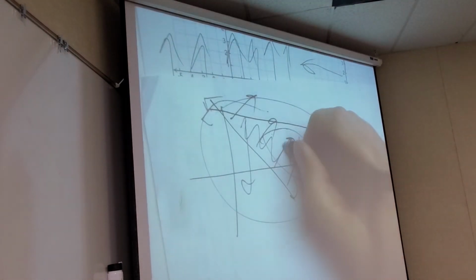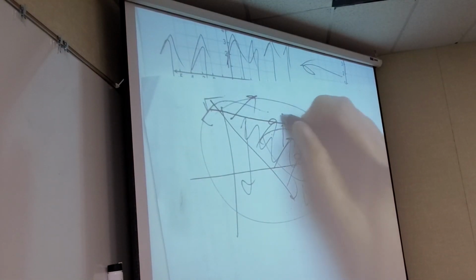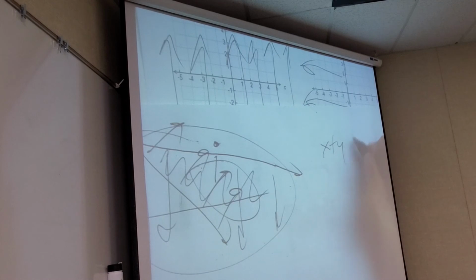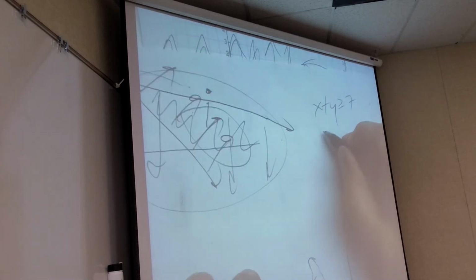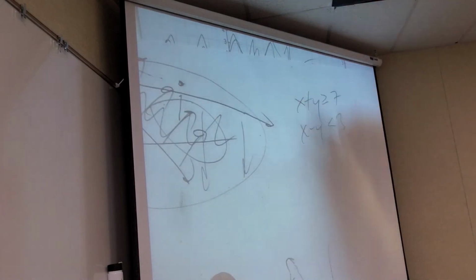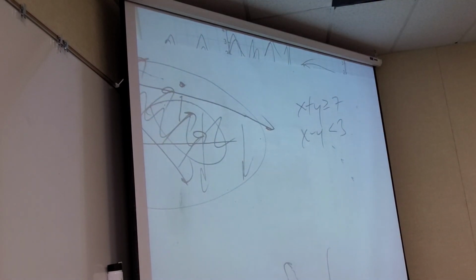Once I'm getting towards one of the boundaries, I'm in the red. It's about to blow up. Go check on it. So that would be multiple equations, like maybe x plus y greater than or equal to 7, and x minus y less than 3. You have multiple equations related to all those things that have to hold so that nothing blows up, nobody dies, and the machine doesn't stop working. Does that make any sense?